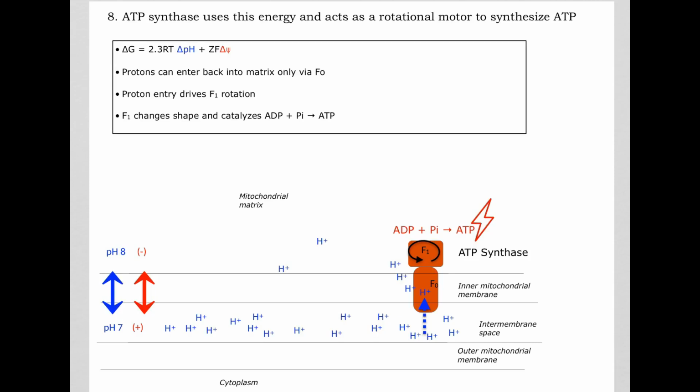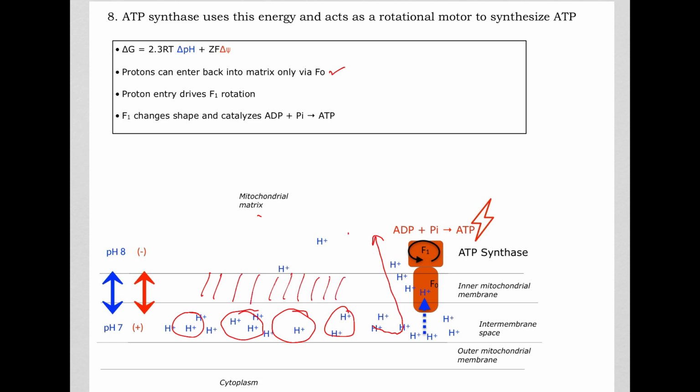The answer is that this high concentration of protons in the space compared to the matrix, they want to go back to the matrix, but they cannot because the inner mitochondrial membrane is impermeable to these protons.